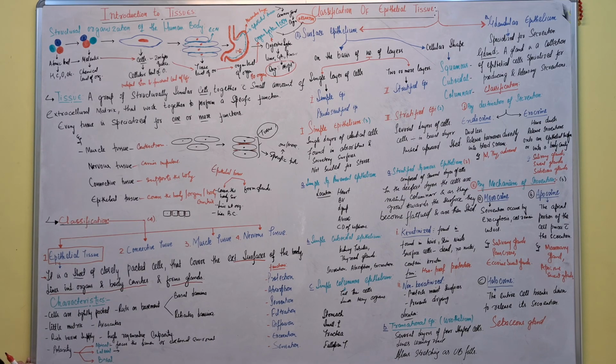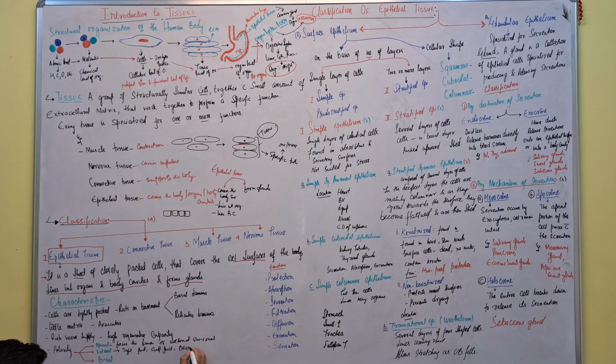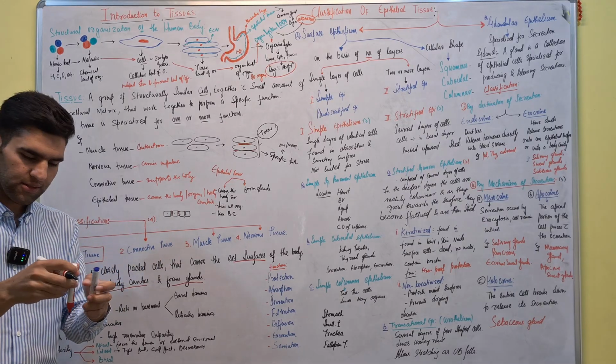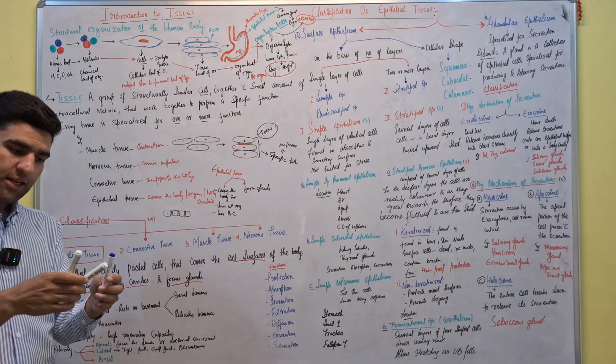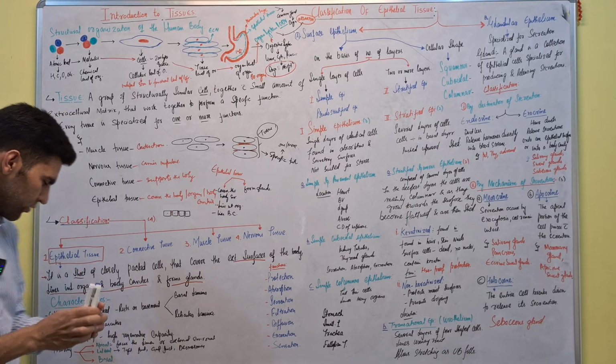Lateral layer: one epithelial cell is connected to another by tight junctions, gap junctions, or desmosomes. So laterally, one epithelial cell is connected to another by tight junctions, gap junctions, or desmosomes. And we can say that the lateral surface of an epithelial cell faces another epithelial cell's lateral surface.